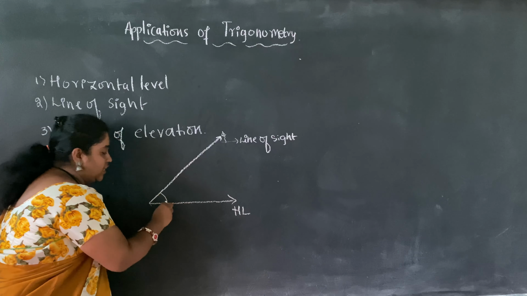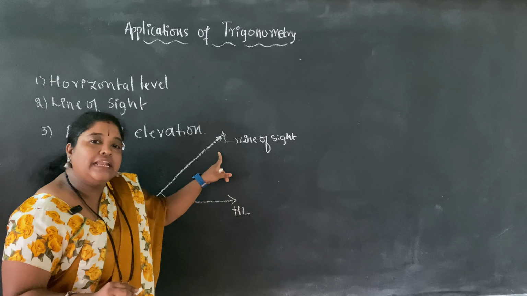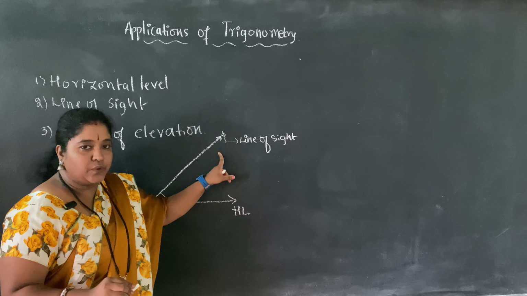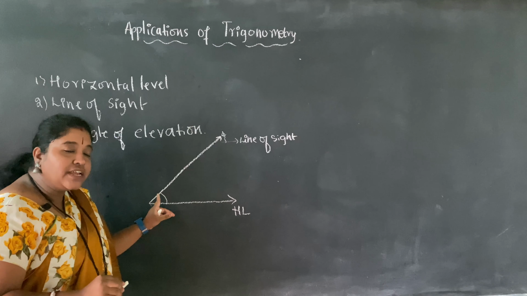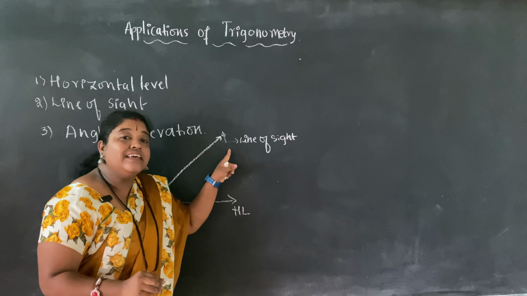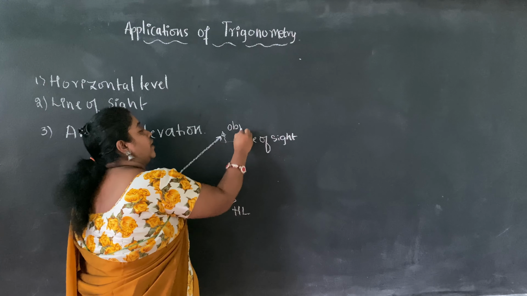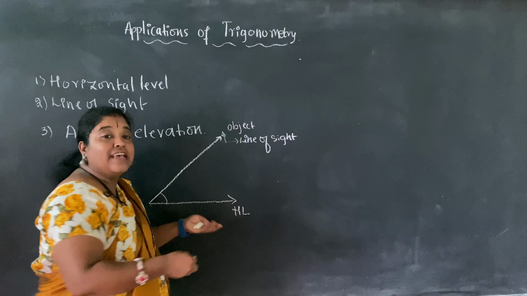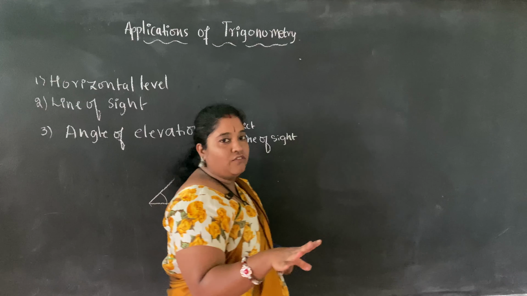Angle of elevation is the angle between the horizontal level and the line of sight when the object is above the horizontal level. Are you understanding? What is angle of elevation?